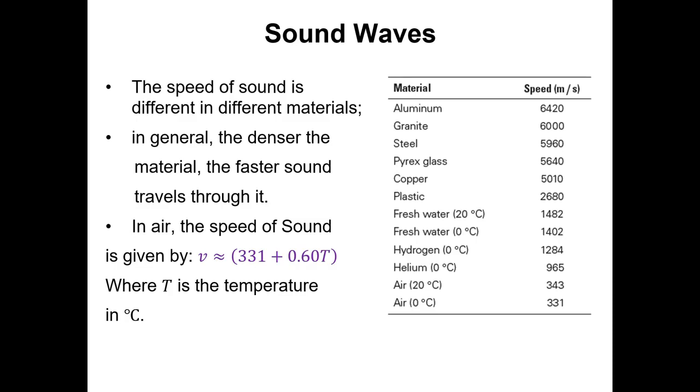And 331 plus 12 is 343. So the speed of sound in air at 20 degrees Celsius is 343, as indicated in the table as well. And if you put the temperature to be 0 degrees Celsius, 331 plus 0.6 times 0 is 331.